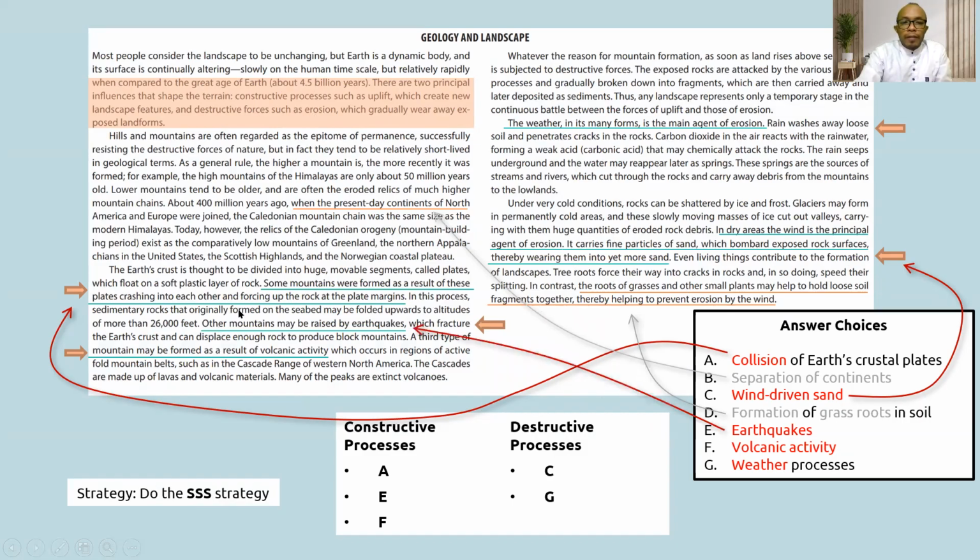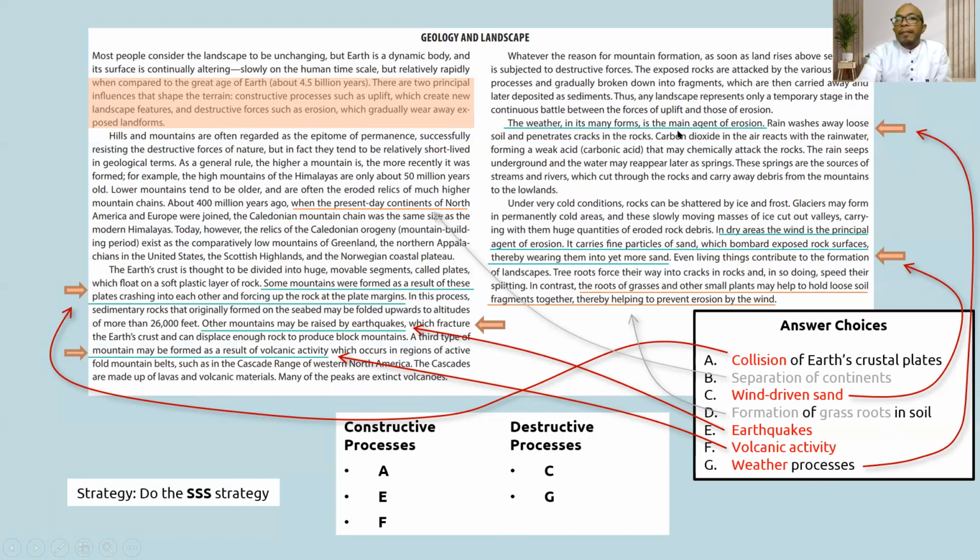Earthquakes explained over here, they are raised, making it something constructive because it's raised. And then volcanic activity over here, form, right? So form is something from nothing into creation, so something that is constructed, making it in the category of constructive processes. And then the last one is the weather processes found over here.